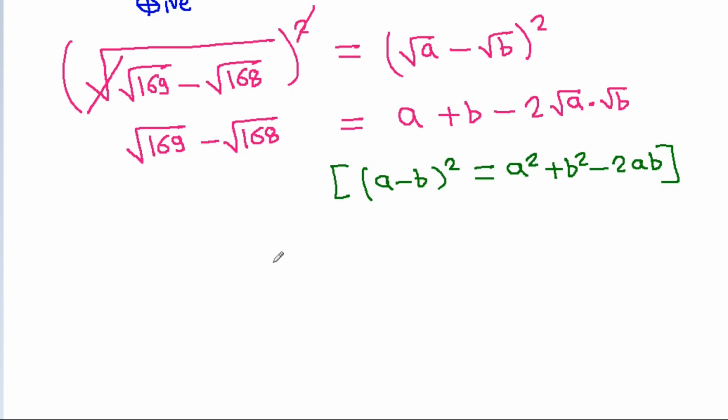And root 169 is 13, minus root 168, which is 2 times root 42, is equal to a plus b minus 2 times, and root a times root b will be root ab.